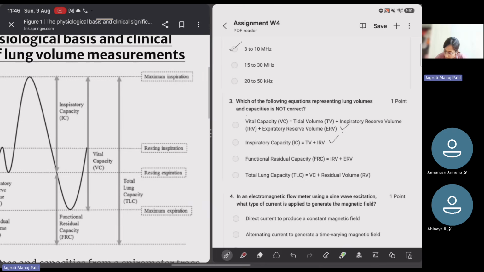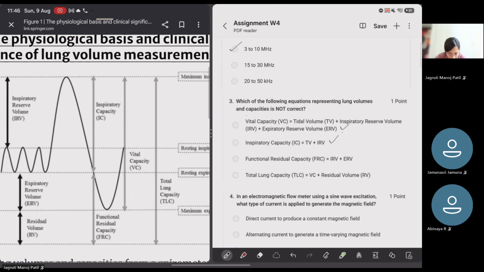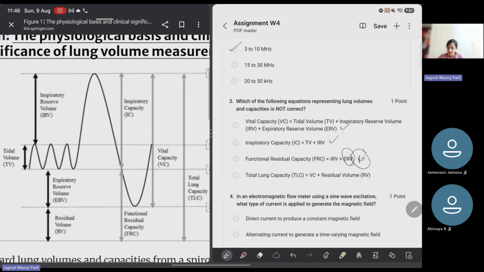So that is also correct. Oh, okay. I missed this term as RV. I thought this is RV, so hence I was looking at why it was wrong. So your functional residual capacity is what? Your expiratory reserve volume plus your residual volume, right? Not this one. This one. If it was RV, then this was correct, right? So this is the option which is incorrect.